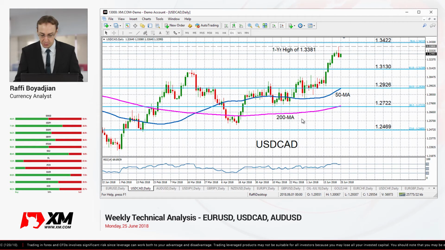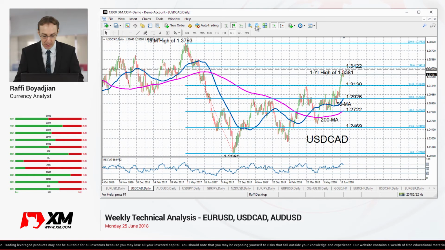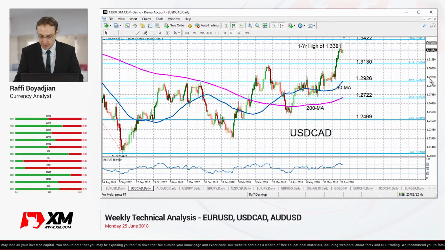If we now turn to the dollar Looney pair, we can see that on Friday we did have resistance at 1.3380. That was a one-year high, and it was also a low from back in May 2017.